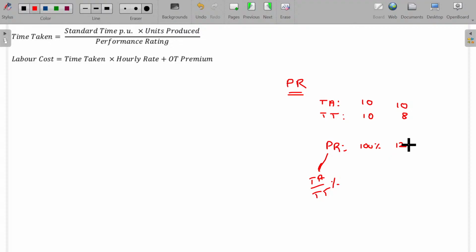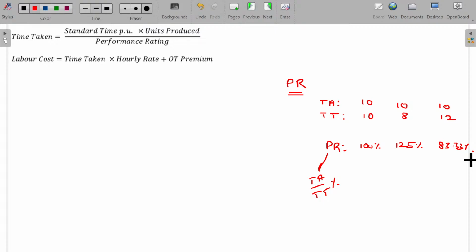What's the ultimate value? 125%. You are good at performing the duty. If time allowed is 10, but you have taken around 12 hours, then 10 by 12, that is 83.33%. Is that okay?